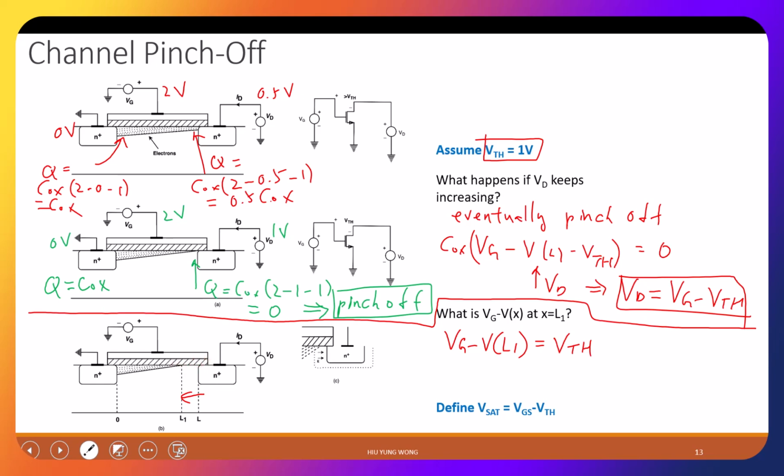And we define something called Vset equal to Vgs minus Vth, which will be used later. So because of time, I will stop here, but let me know if you have any questions.